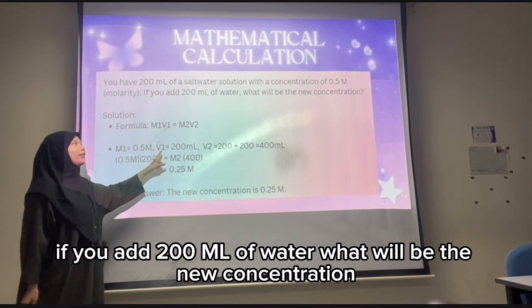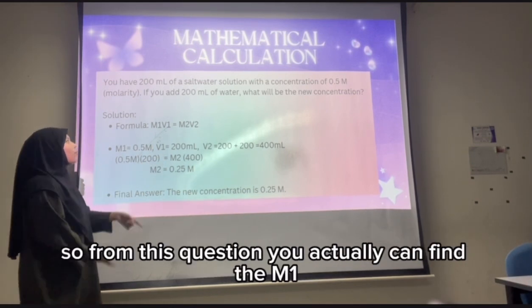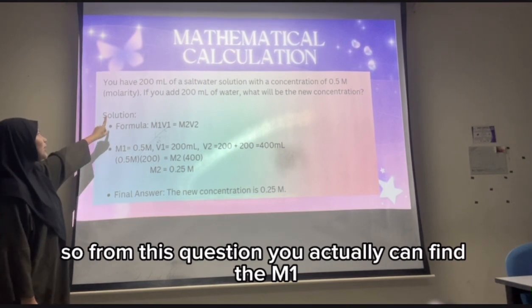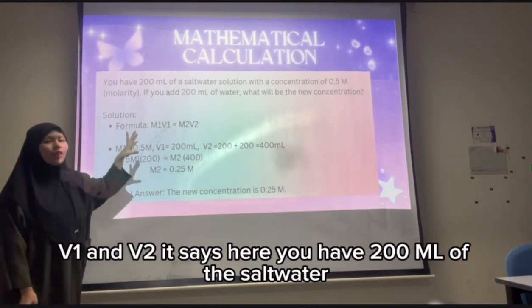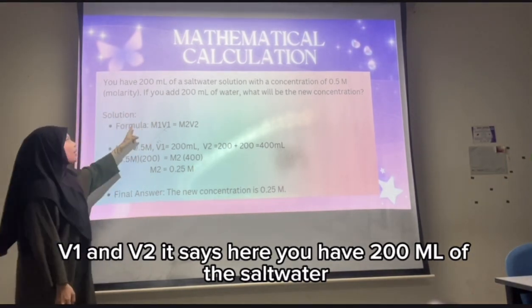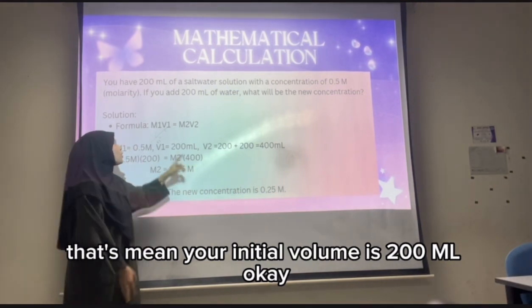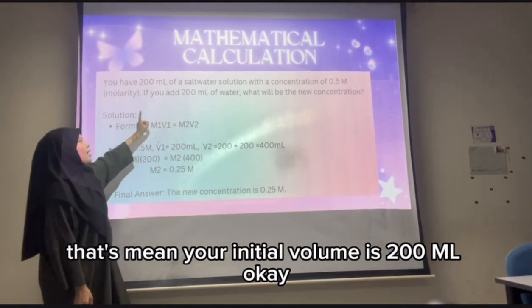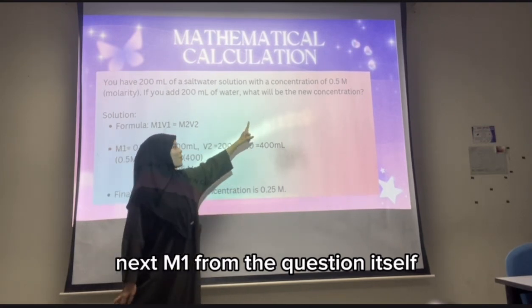If you add 200 ml of water, what will be the new concentration? So from this question, you actually can find the M1, V1, and V2. It says here, you have 200 ml of a salt water. That means your initial volume is 200 ml. Okay, next, M1.